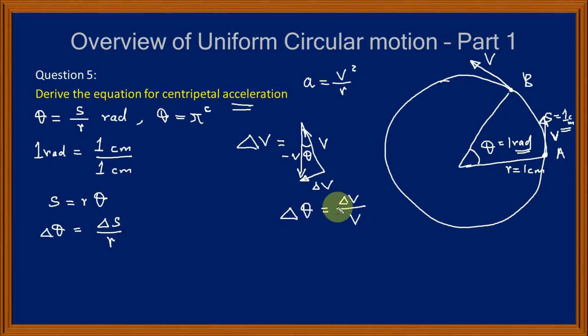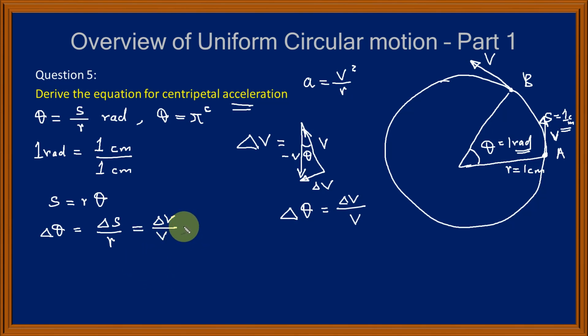Delta theta can be defined as delta V over V, and delta theta can also be defined this way. So, since delta theta is equal to this and delta theta is equal to this, I can say this one is also equal to delta V over V.